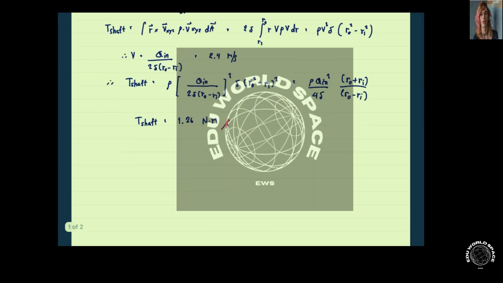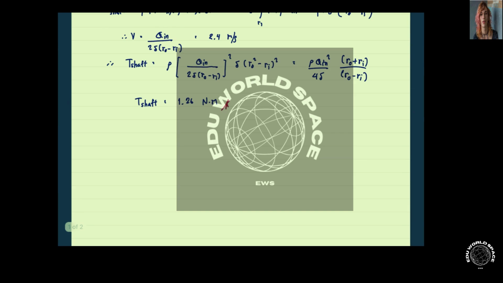And then for the steady state speed, for the steady state, the equation becomes minus the integral of R cross 2 omega cross Vxyz rho dV equals the integral of R cross Vxyz rho Vxyz dA.